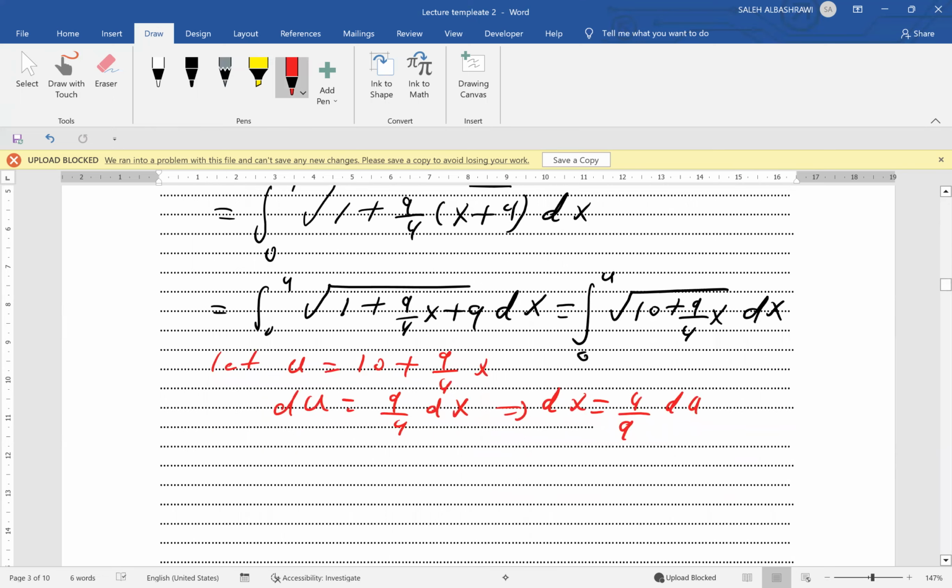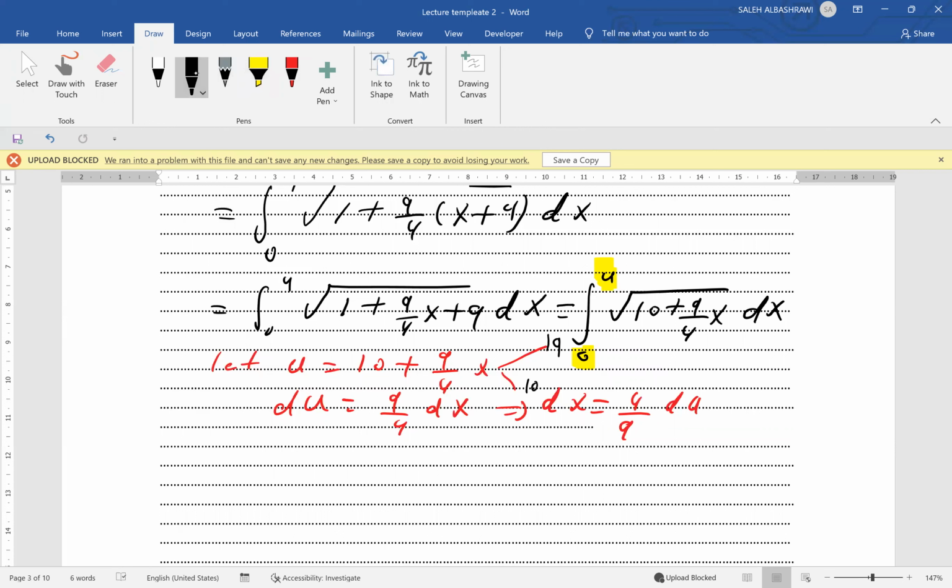And so we can change the limits for this case. When x equals 0, the limit is 10. When x equals 4, I will have 19. This is just to change the limits, replacing x by 0 and by 4.